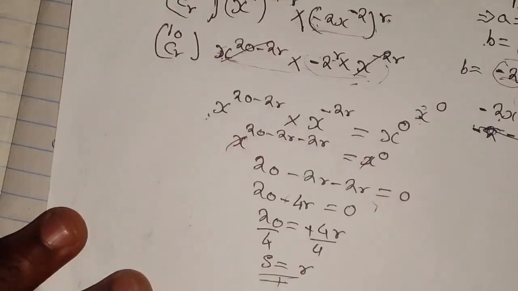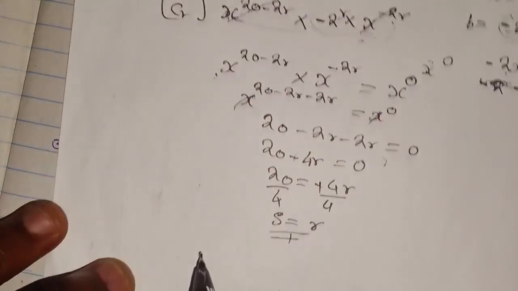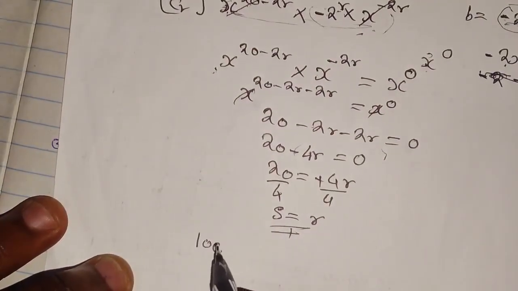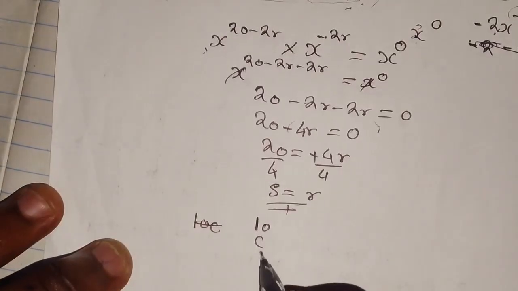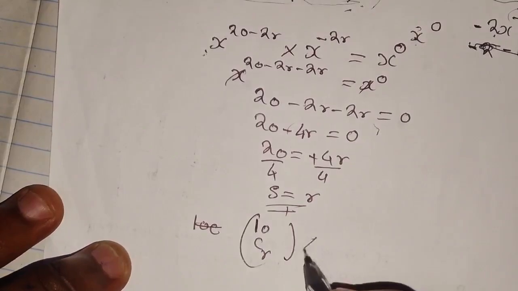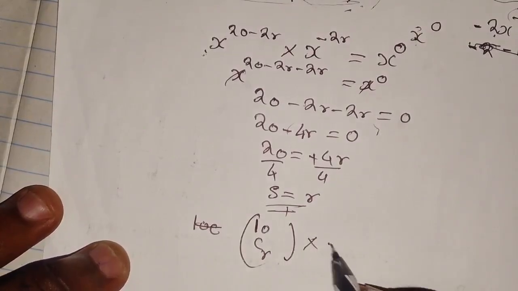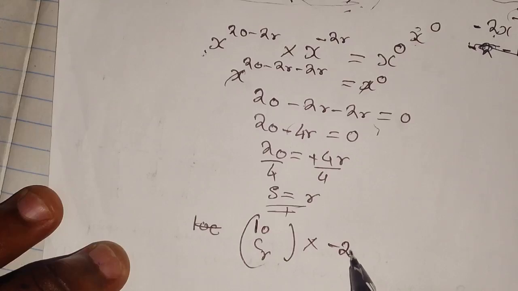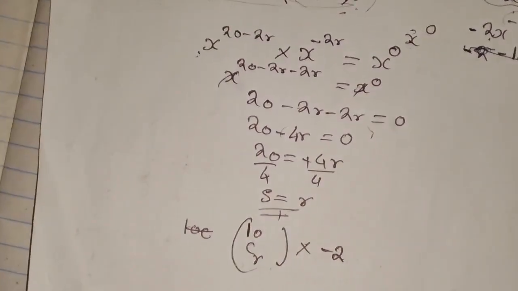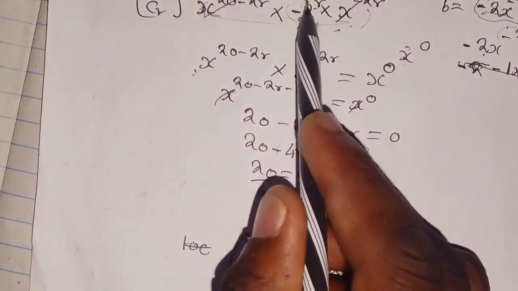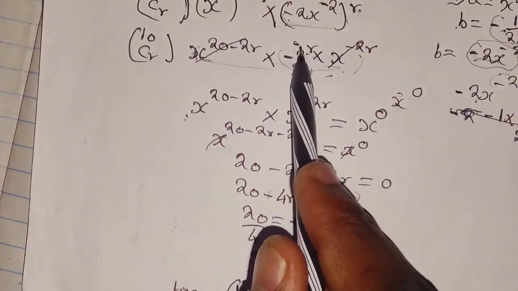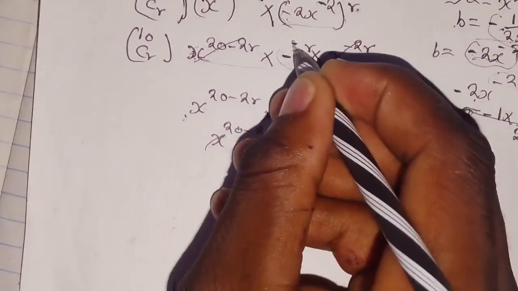So we have 10 choose r multiplied by the other factor, which is negative 1 over 2 to the power negative r.